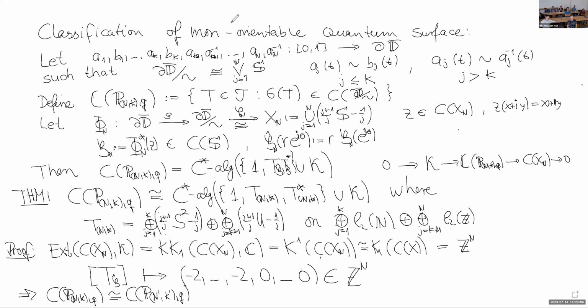So they have to define the same class in K-theory, and that happens if and only if n equals n prime and k is equal to k prime. So they are really different if I take different numbers of arcs that repeat itself twice.